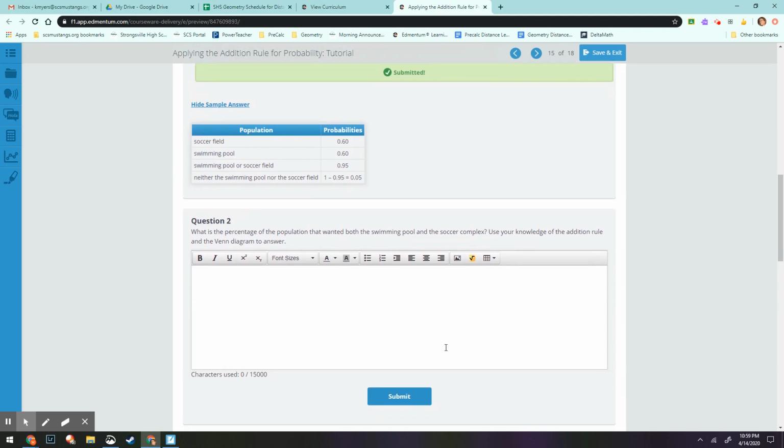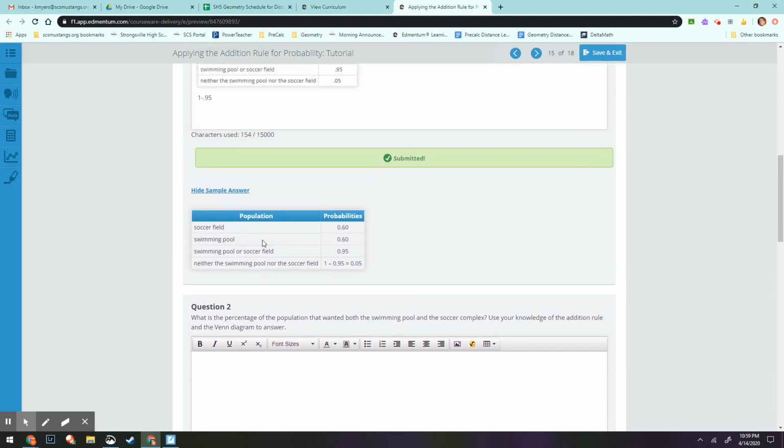What is the percentage of the population that wanted both of them? Okay, so I don't see a swimming pool and soccer field number, so I'm going to have to add up their individual probabilities, 0.6 plus 0.6. Then if I use that addition rule, it's going to be minus the ones who want both.